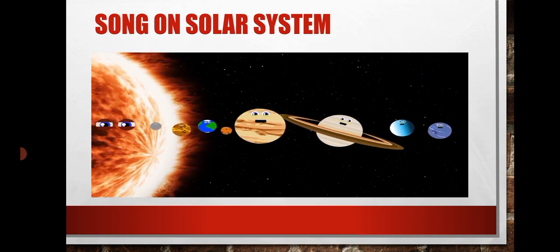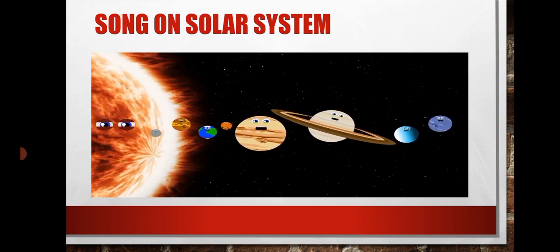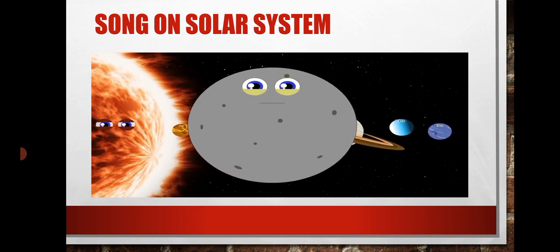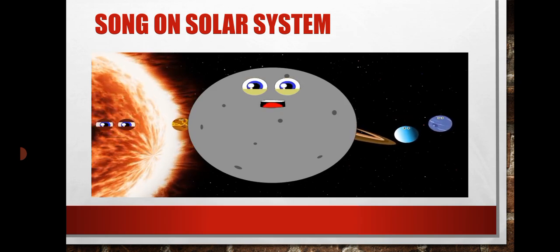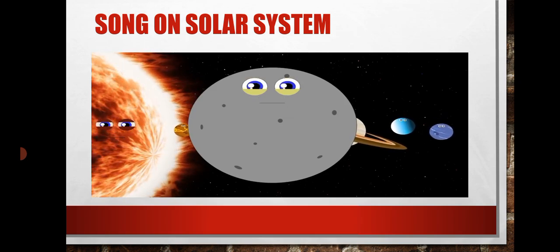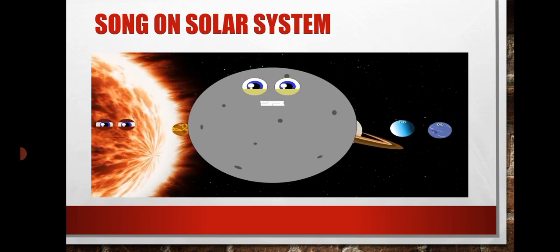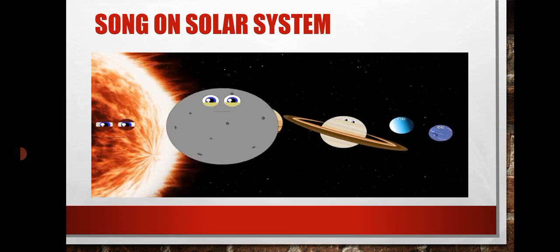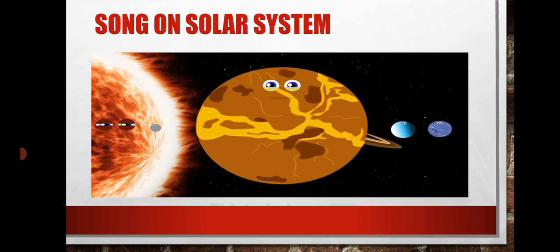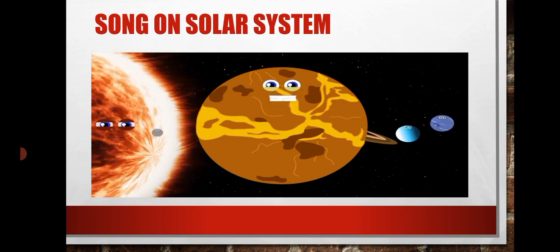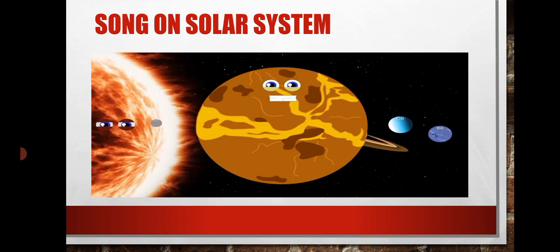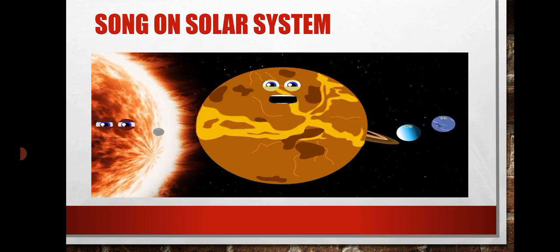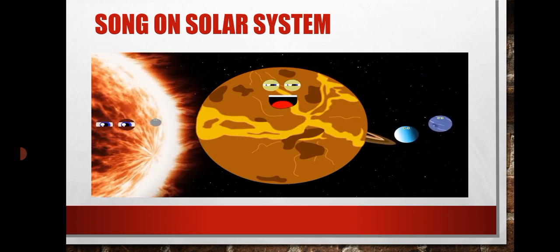Join us to learn about the different planets. Now sing along and have some fun. My name is Mercury. I'm the second hottest planet, the closest one to the sun. A year on my surface is 88 days. I'm the smallest, but I'm lots of fun. My name is Venus. I'm the hottest planet, but the second planet from the sun. I'm the brightest planet in our solar system, and I'm too hot for anyone.